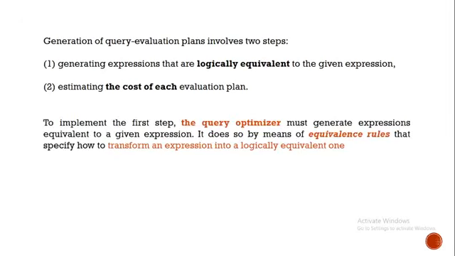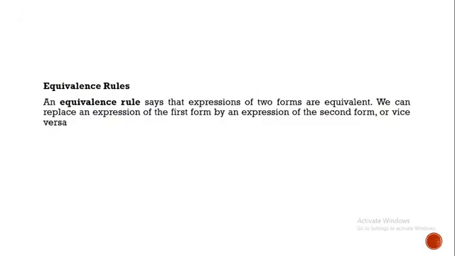To implement the first step, the query optimizer uses some equivalence rules. The role of equivalence rules is to replace the expression of the first form by an expression of the second form, and vice versa. Both expressions will be equivalent, but the only difference will be execution time efficiency.